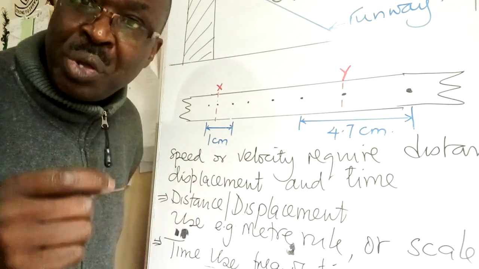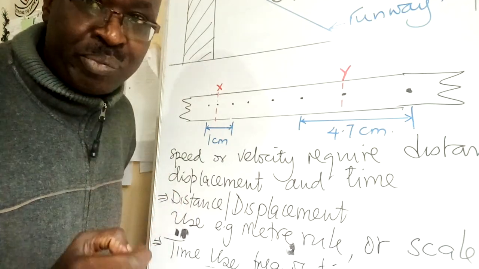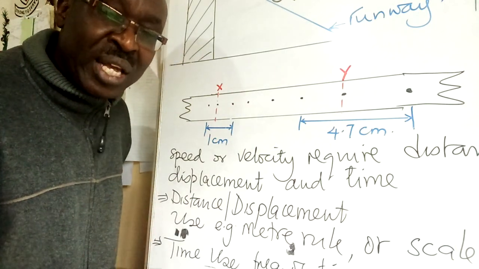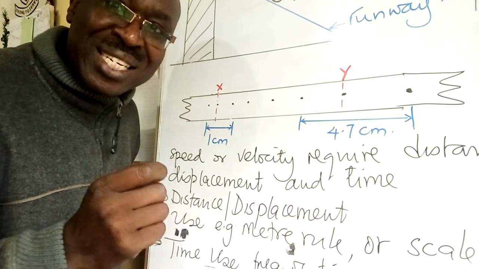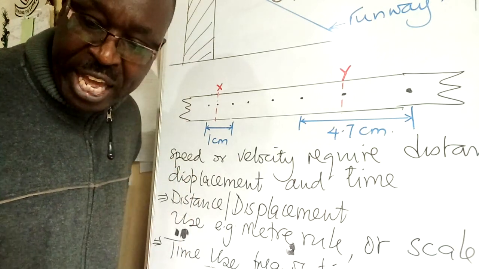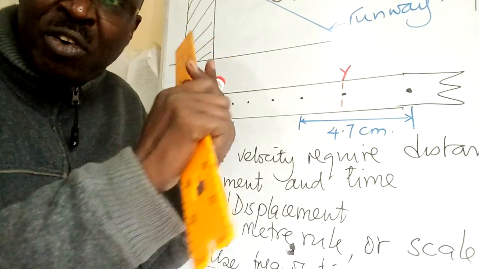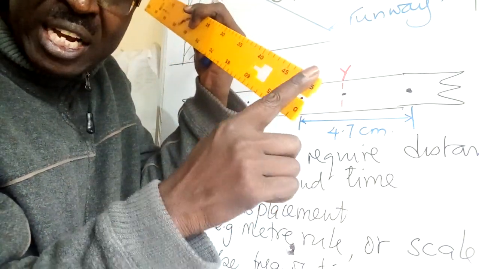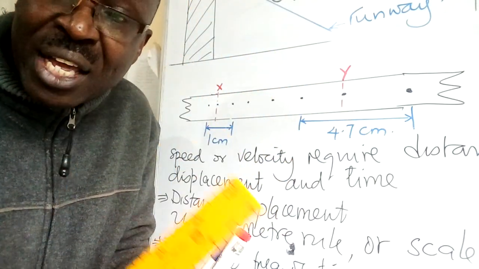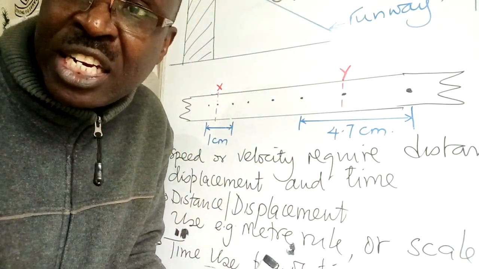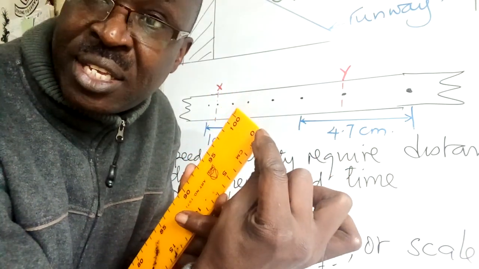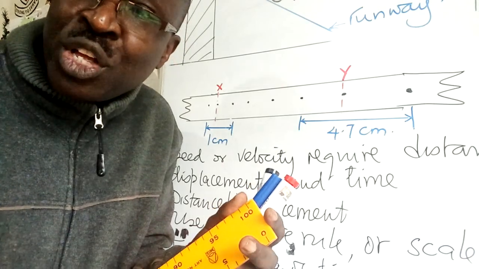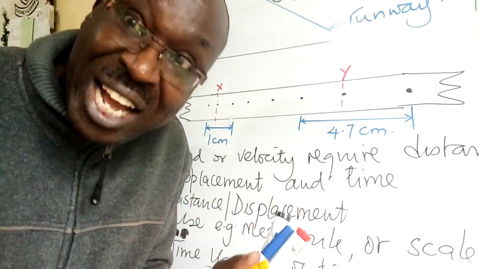May I add, we may use a ruler, but you must know the difference between a ruler and a meter rule. A meter rule has dimension right from the edge. There are Form 2s who are asking me. It starts from the edge, the dimension. But a ruler, if you check in your mathematical set, it leaves some spaces. And therefore, I told the Form 2s and 1s, you cannot use a ruler to measure a height.